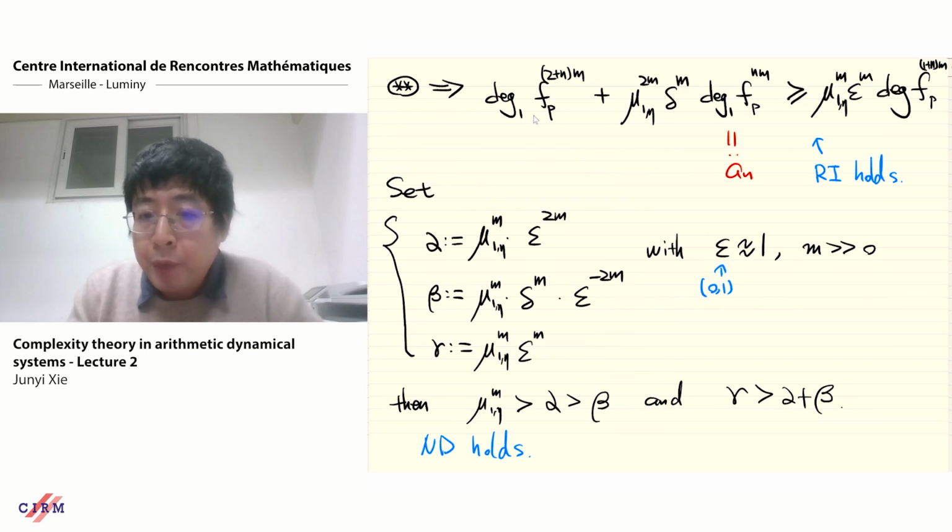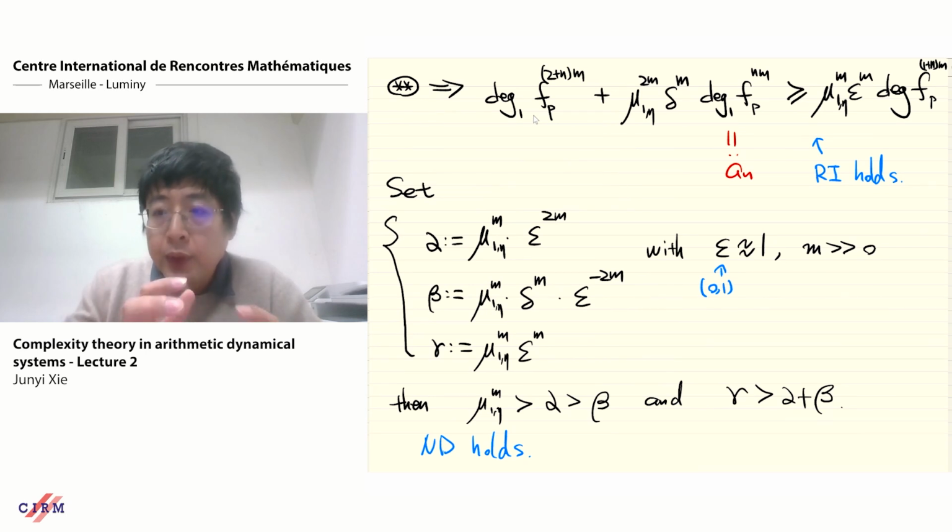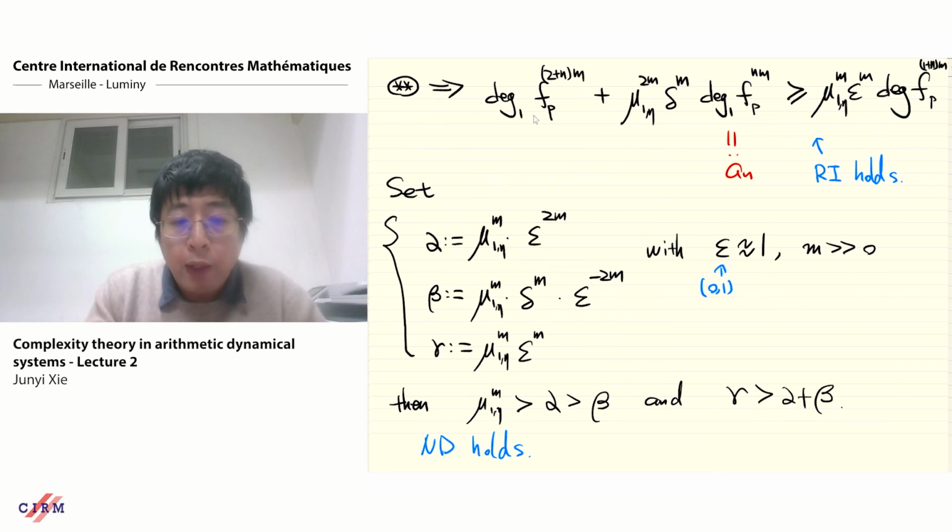Here we pick some epsilon which is strictly less than 1, but very close to 1, and we pick m sufficiently large. Then we will have mu1 eta^m strictly larger than alpha and strictly larger than beta, and gamma strictly larger than alpha plus beta. So these things give you the non-degeneracy condition.